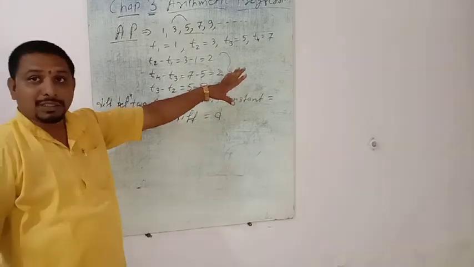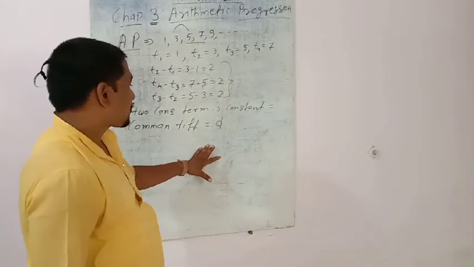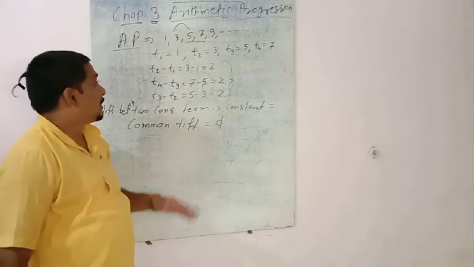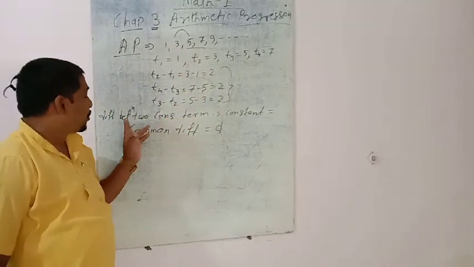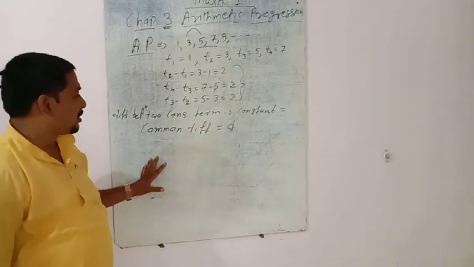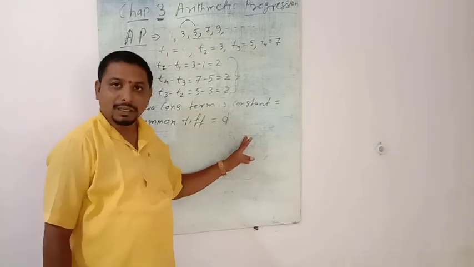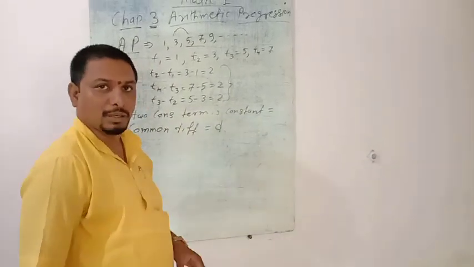In a given sequence, the difference between two consecutive terms is constant, and it is denoted as the common difference, denoted by D.